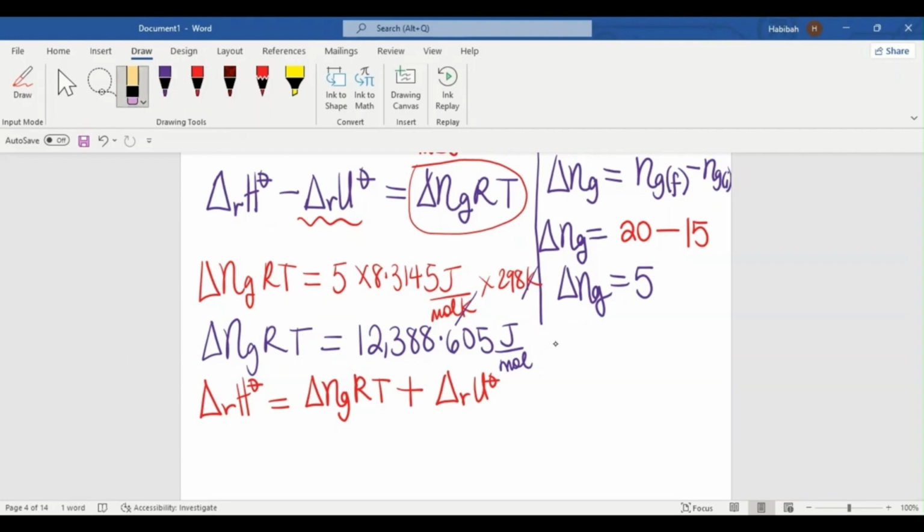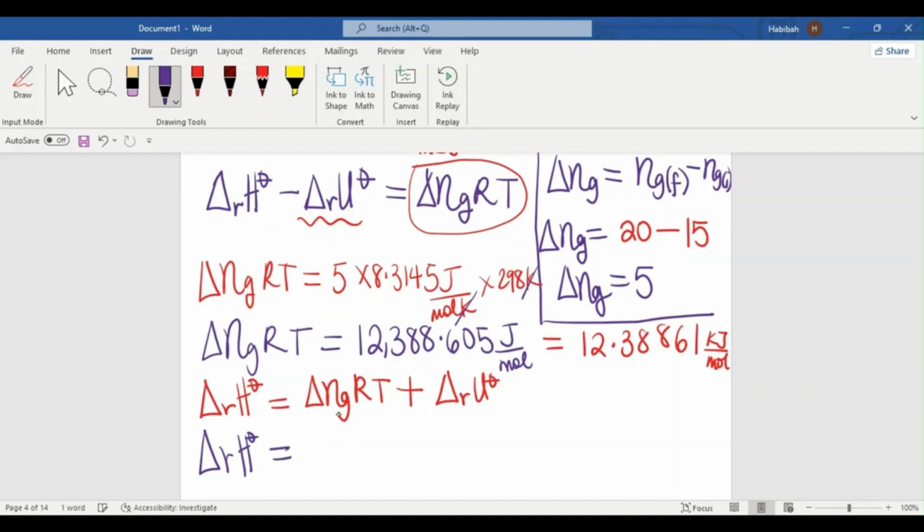So I'm just going to write the joules per mole part up top. So this one here would simply be 12.38861 kilojoule per mole. Okay, so that's what that is. So now we have all our information in kilojoules per mole. We can just simply substitute.